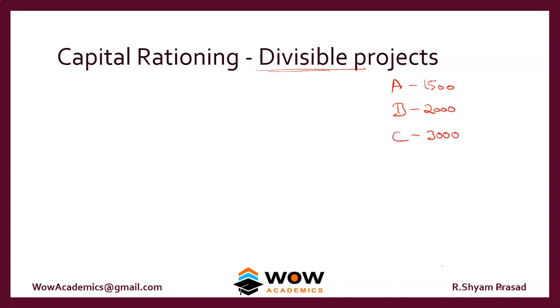These projects are divisible in nature. What is divisible? Divisible means you can also invest in a part of it. It's not that you have to invest only 100% of your money. You can invest even 50% of your money, or even something like 10% of your money. That is what is called a divisible project.